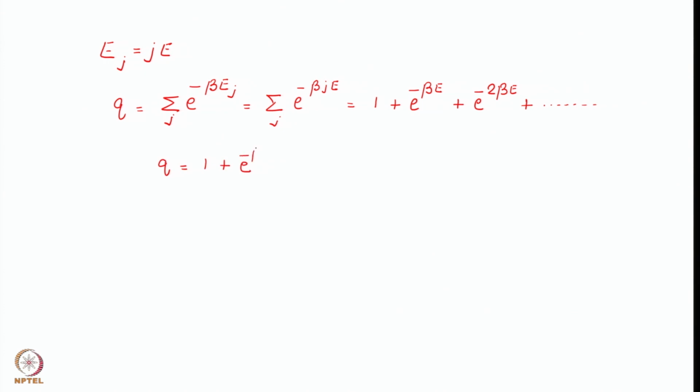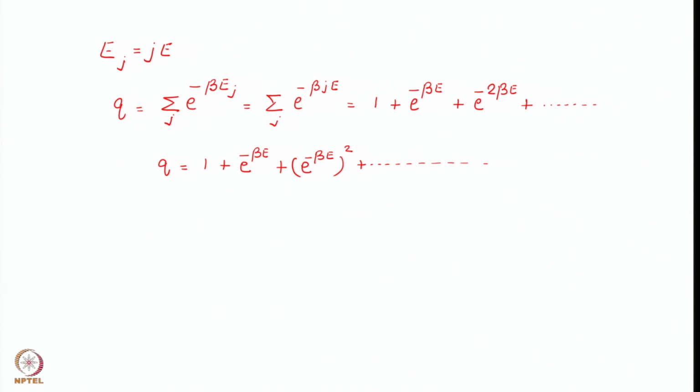which I can simplify to Q is equal to 1 plus exponential minus beta E plus exponential minus beta E squared plus so on. This reminds you of a uniform ladder of energy levels. You remember the harmonic oscillator when we discussed.